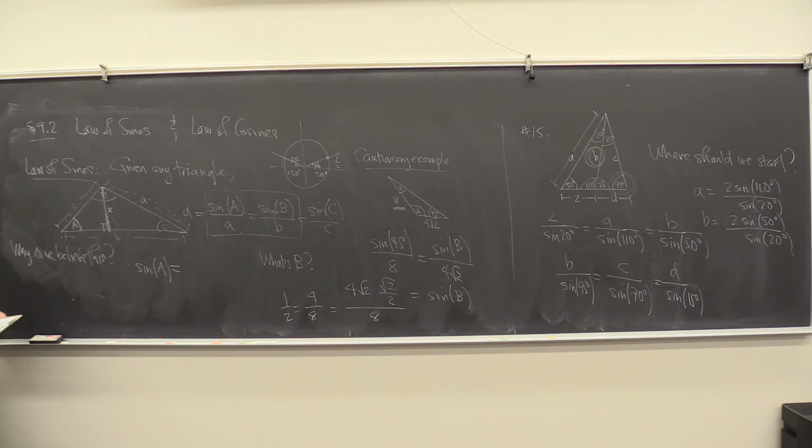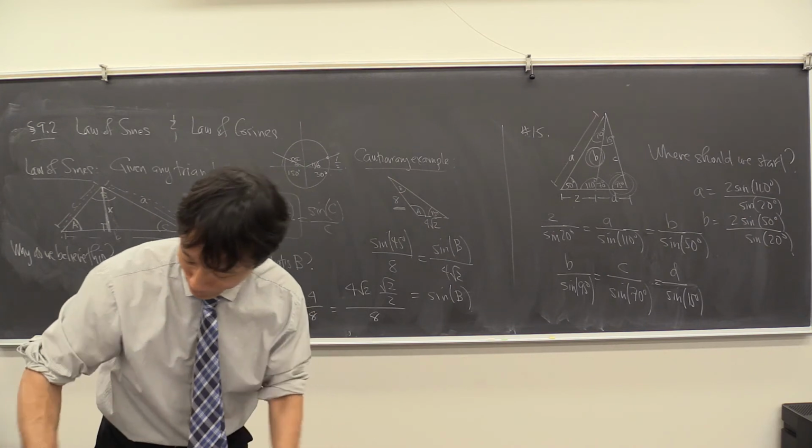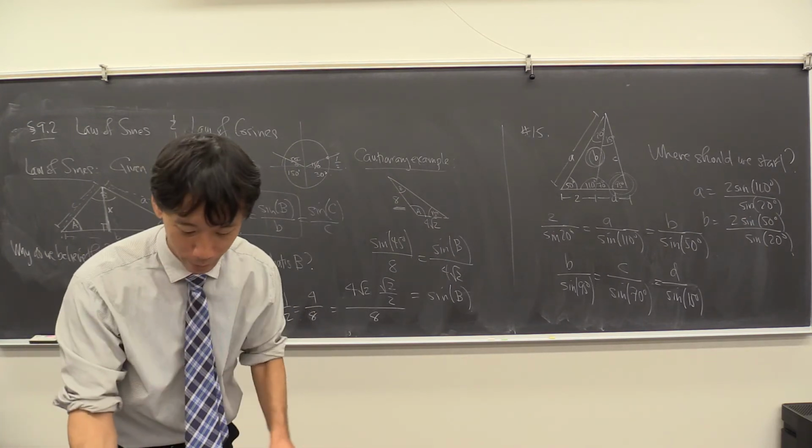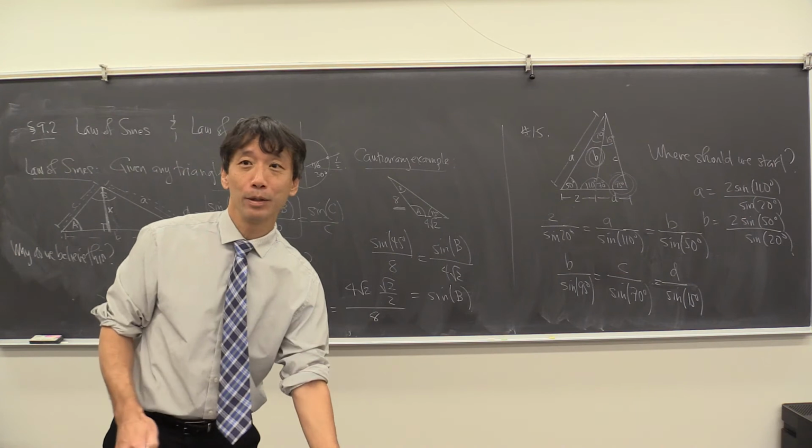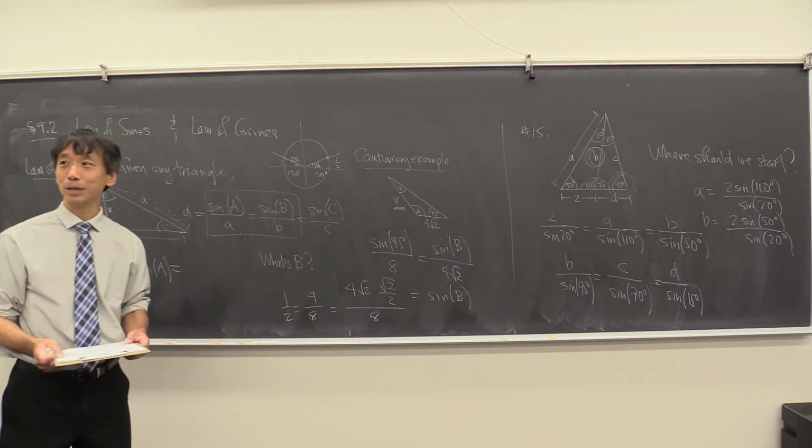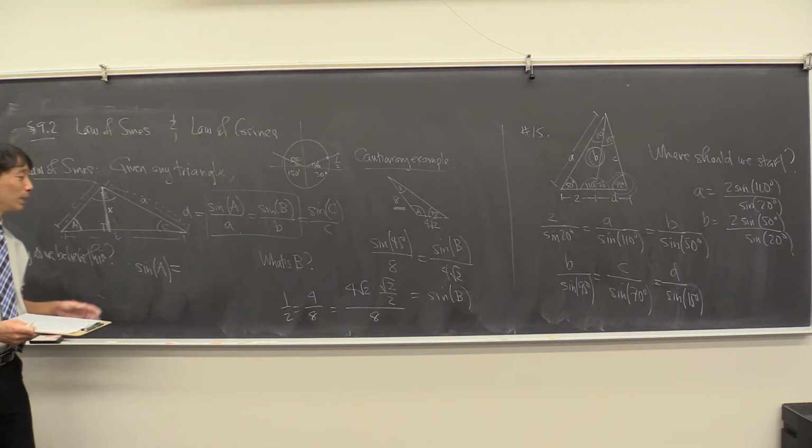Okay, turn to a partner and say sine of A using the right triangle definition is going to be blah blah blah over blah. Okay, what is it? Would somebody like to say? Or should I roll? I'm going to roll. Melanie, it's you.